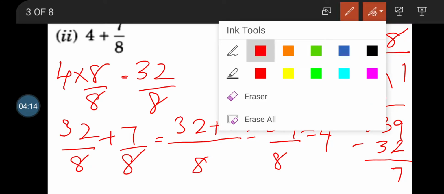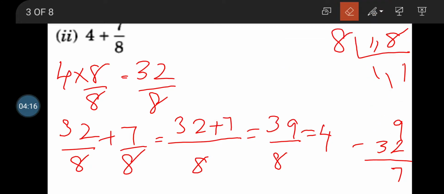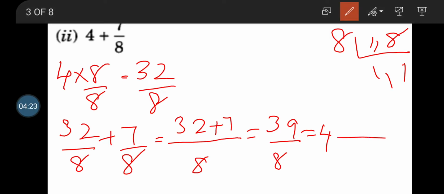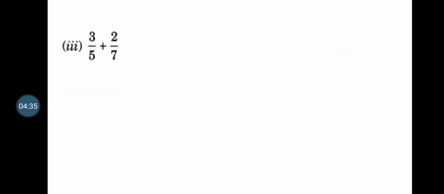I'll erase this division. Now you will write the whole number 4 here, remainder 7 here, and the divisor 8 here. So the fraction is 4 7 by 8. That's the answer.